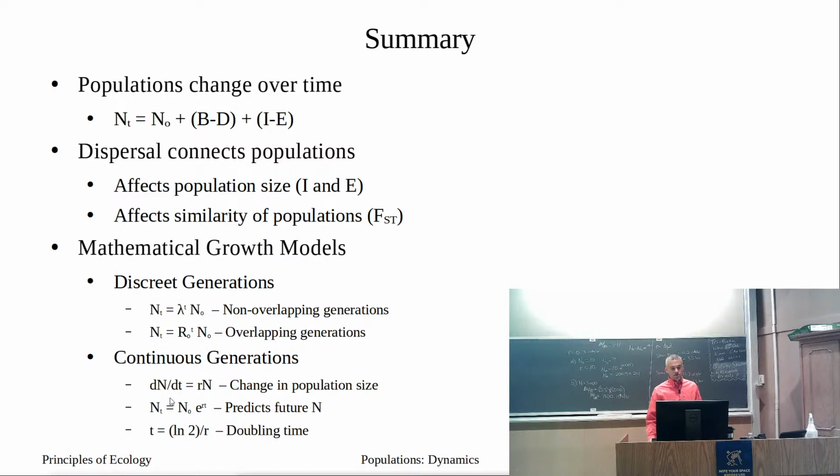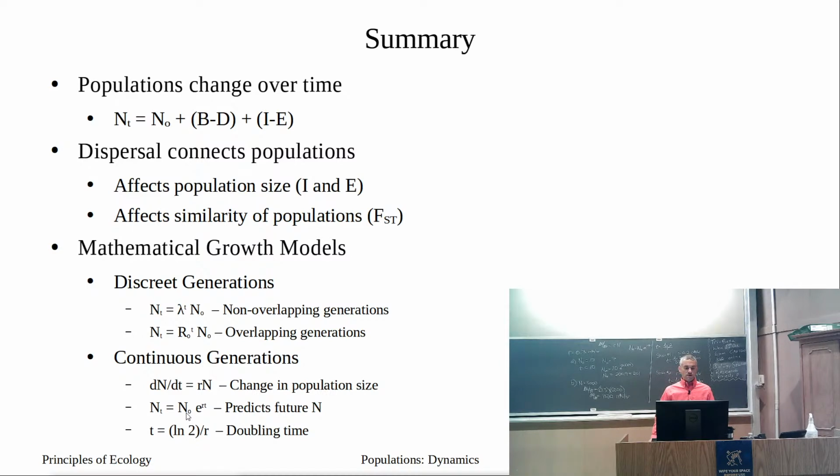For a population growing exponentially, we calculate that by multiplying our intrinsic rate of growth, r, by our population size. I didn't give N0, I just gave N, because the change in population size varies based on our population size. If we want to predict our future population sizes, then we use this equation.